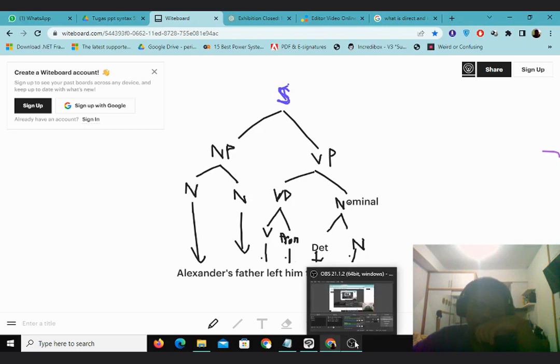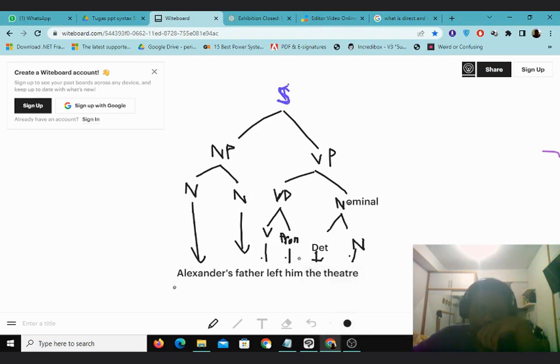This is the syntax structure for the sentence Alexander's father left him the theater.